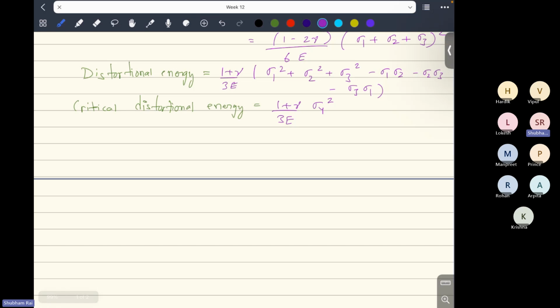That means this distortion energy formula, which is (1 plus nu) by 3E, and we have sigma 1 square, sigma 2 square and sigma 3 square minus sigma 1 sigma 2 minus sigma 2 sigma 3 minus sigma 3 sigma 1, should be less than (1 plus nu) by 3E and sigma y square.